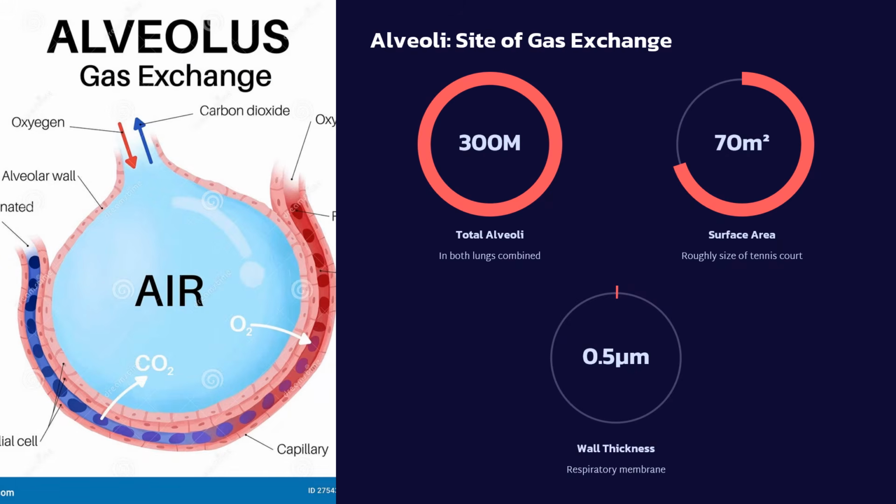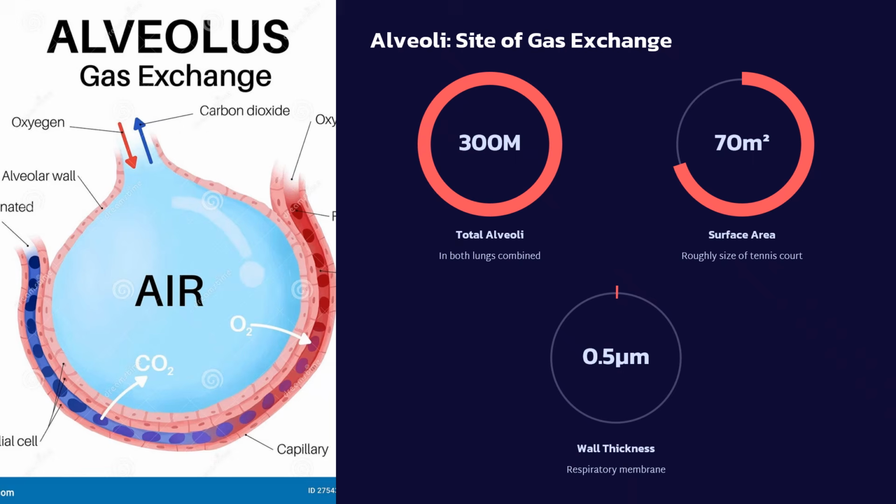And now, let's go to your alveoli, which is the site of your gas exchange. So the alveoli are tiny, thin-walled air sacs at the end of the bronchioles where your gas exchange occurs, allowing oxygen to move into the blood and carbon dioxide to move out. So they are surrounded by a rich network of capillaries.